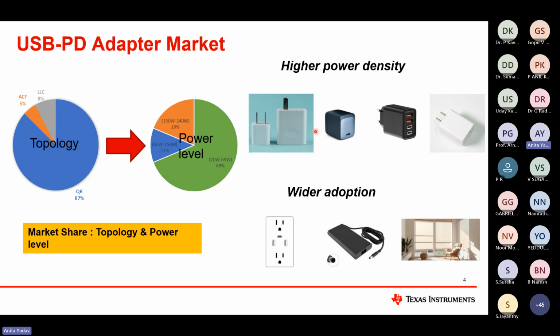There are multiple chargers, very compact single port chargers as well as multiple port chargers. Now, apart from chargers, where is the QR flyback being used? Apart from these USB PD applications, it goes into very advanced electrical sockets, laptop chargers, as well as home appliances.